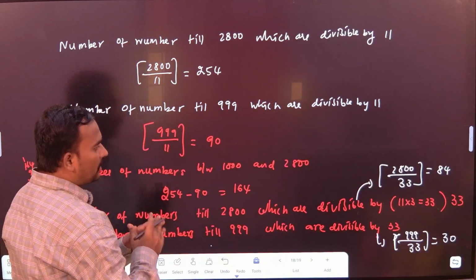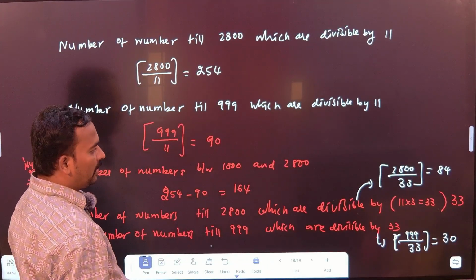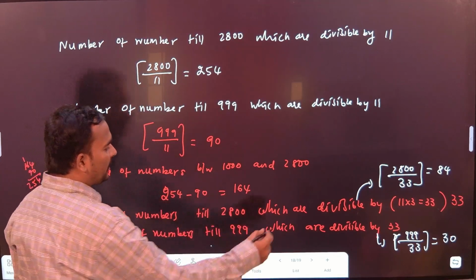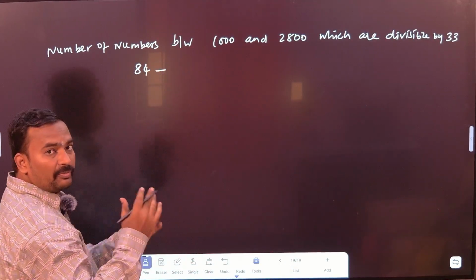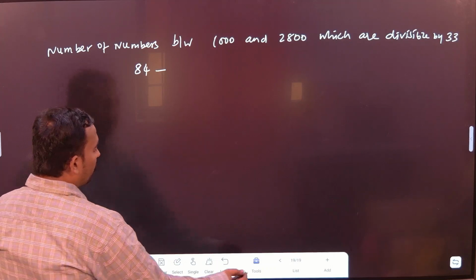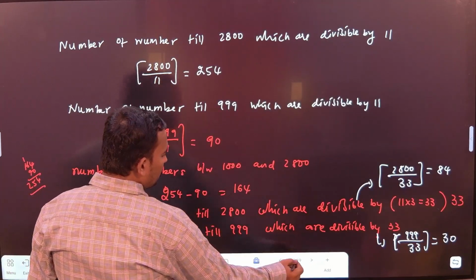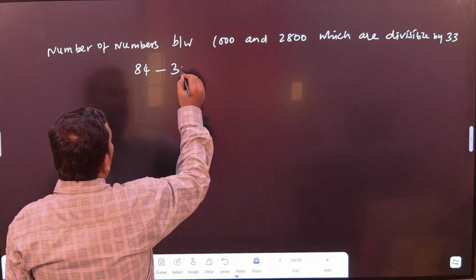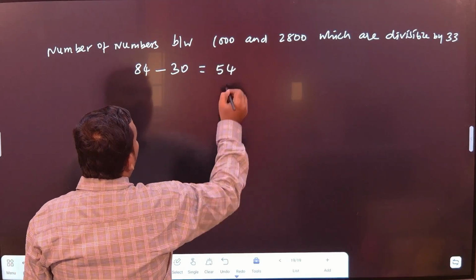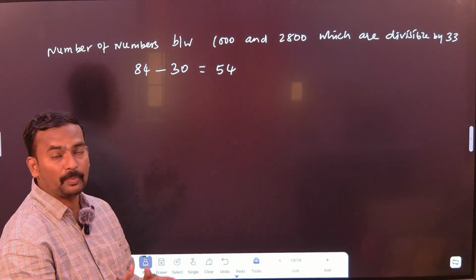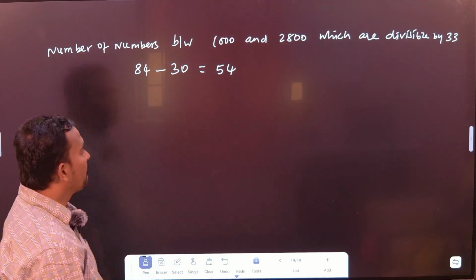We have to collect all the multiples of 33 from 1 to 2800, that is 84 numbers. We need only 4 digit numbers, so you have to remove the 3 digit case, that is 30 numbers. So the answer here is 54. 54 four digit numbers are possible which are divisible by 33.